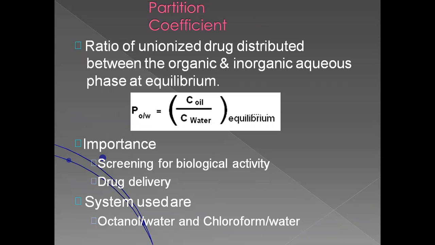Next we talk about the partition coefficient. Partition coefficient is the measurement of the drug's lipophilicity and an indication of its ability to cross the cell membrane. It is the oil-water partition coefficient in systems such as octanol-water and chloroform-water. The partition coefficient is defined as the ratio of unionized drug distributed between the organic and aqueous phase at equilibrium.